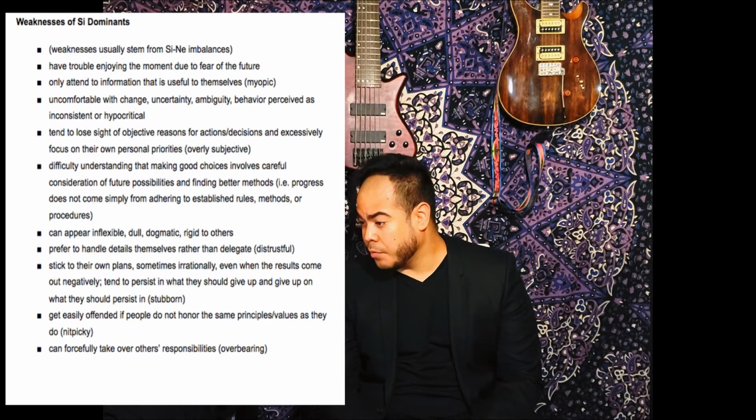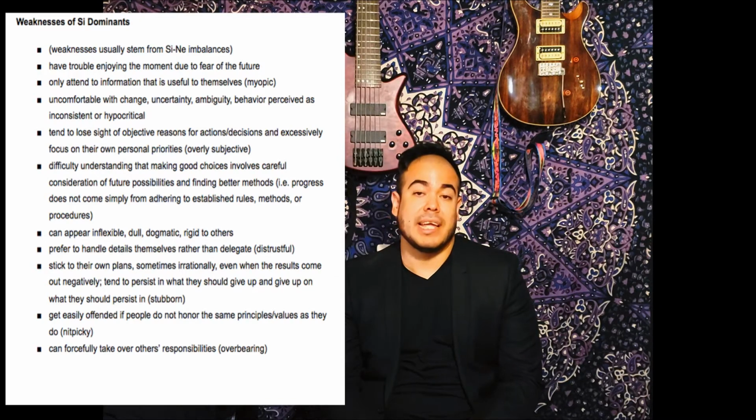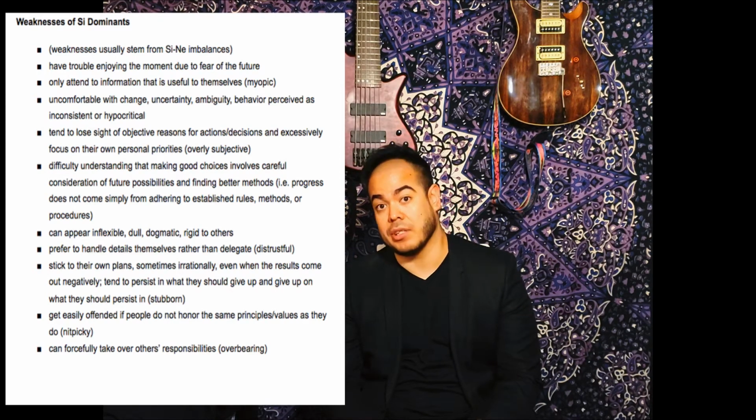Next point, uncomfortable with change, uncertainty, ambiguity, behavior perceived as inconsistent or hypocritical. So again, this comes with a sense of anxiety of just not knowing, not being able to prepare a system perhaps, or have a mindset prepared for the unanticipated, that of which hasn't arrived rather.